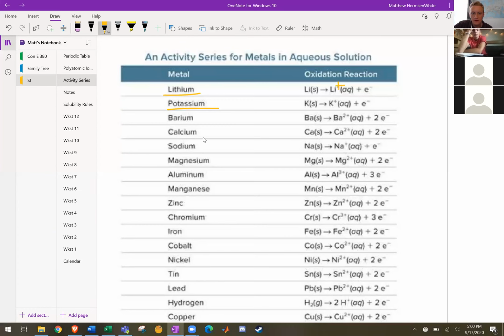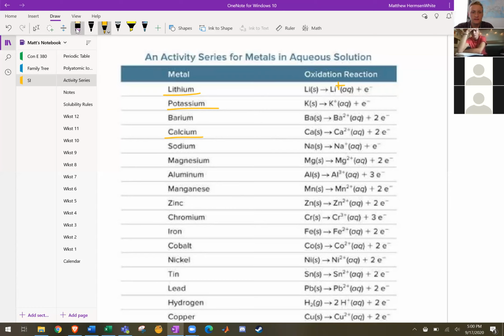Let's do another one for calcium. So this would be calcium solid turns into calcium 2 plus aqueous plus 2 electrons. So what's happening is those 2 electrons are coming off the calcium and then becoming separate.